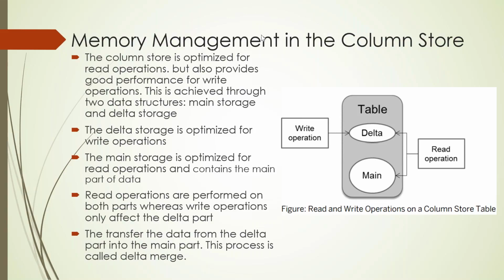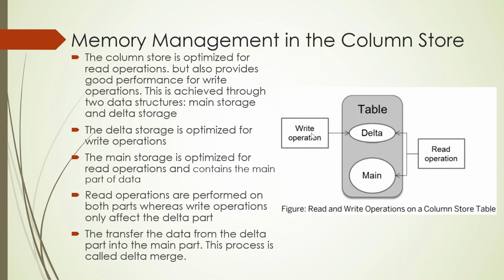If you see this diagram, you have the column tables, and they are loaded into the memory. You have the main storage, which contains the actual data, the main data of your tables, and here you have the delta.